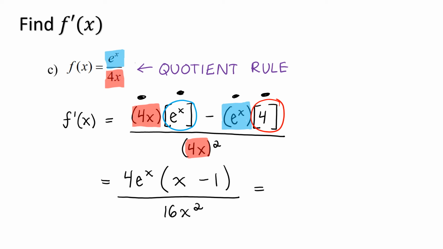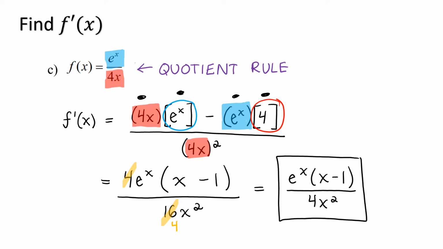So our 4 will divide out, and we have e to the x times x minus 1 all over 4x squared is our f prime of x, so our derivative.